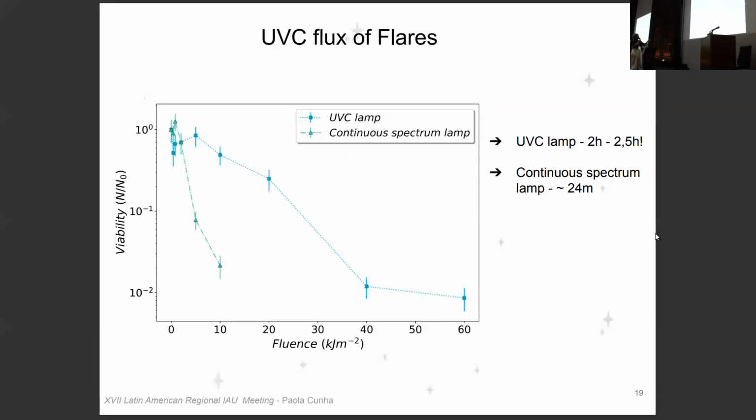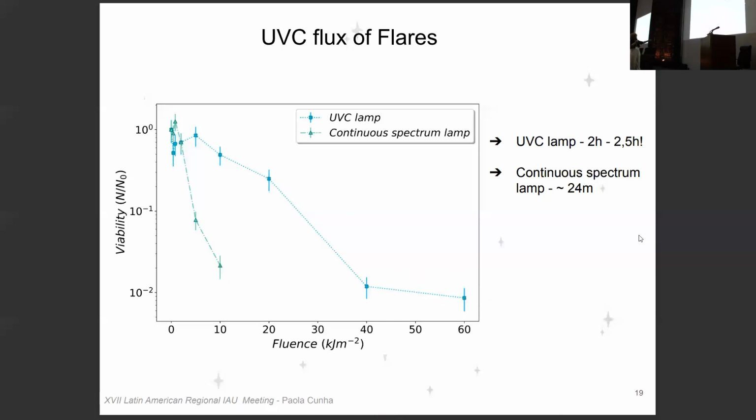So here we can compare again the plots that I showed you before. Now we can compare the UVC lamp experiments and continuous spectral lamp for the flare flux of Proxima B. For our UVC lamp, we have counting up to 60,000 joules per square meter.